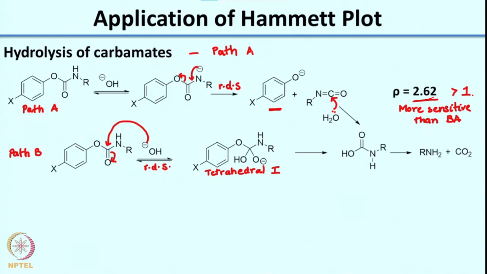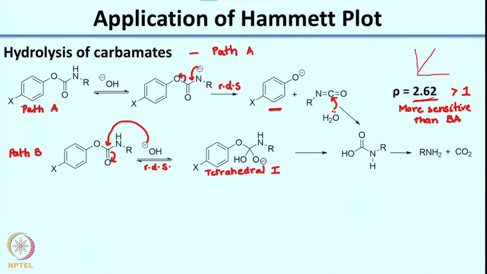That means it is more sensitive compared to benzoic acid according to the Hammett principle, right? More sensitive. That means the slope is positive, like this way, correct? So that's why it's more sensitive. So if it's more sensitive, that means it will be stabilized by an electron withdrawing group.